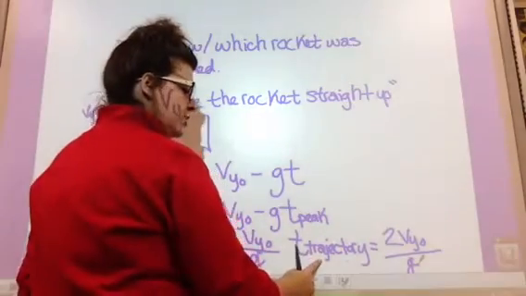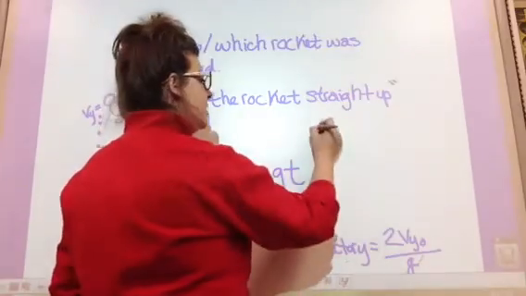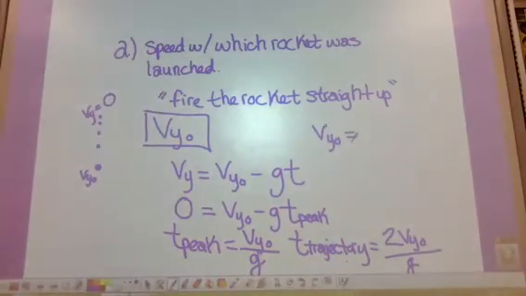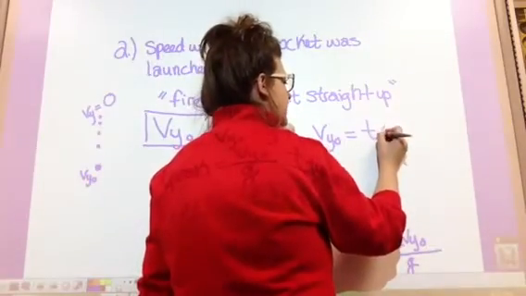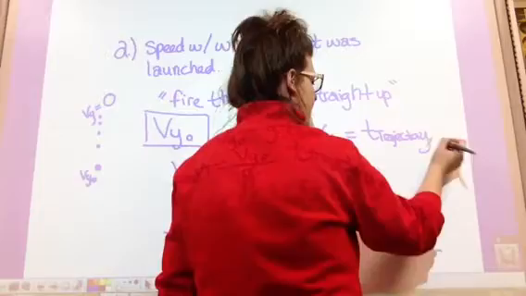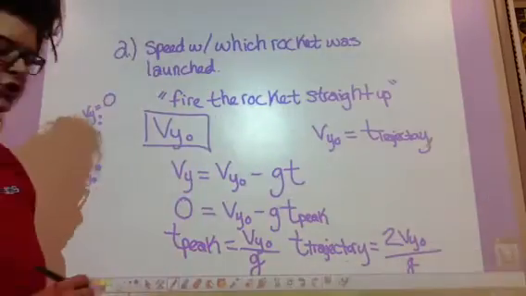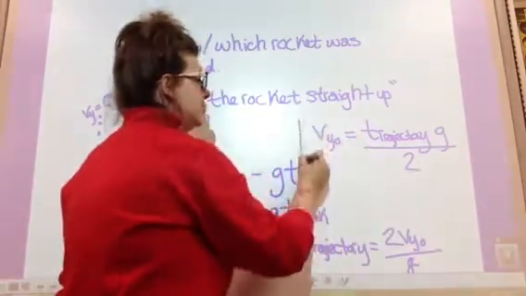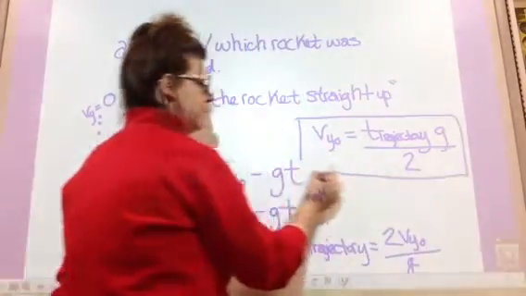So if I rearrange this, I'm going to end up getting Vy, my initial velocity in the y direction, is equal to the trajectory time times g divided by 2, and that's my answer.